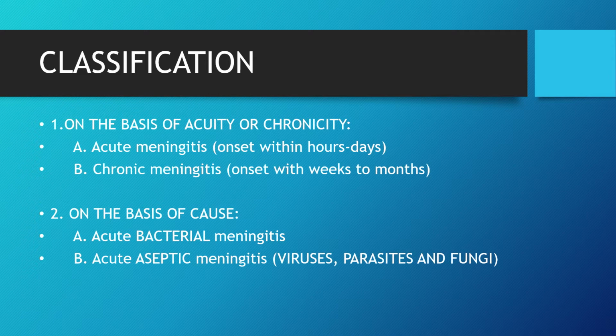Chronic meningitis, on the other hand, is characterized by the onset of signs and symptoms within a few weeks to a few months, and occurs most commonly because of fungi and parasites.